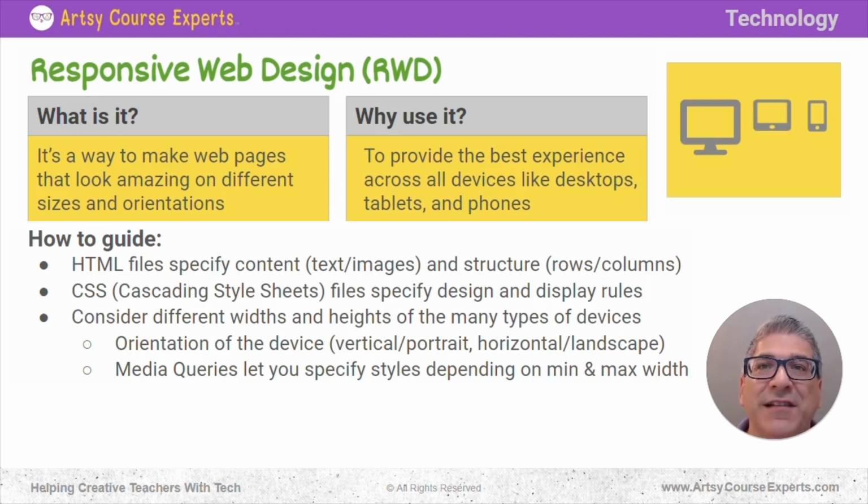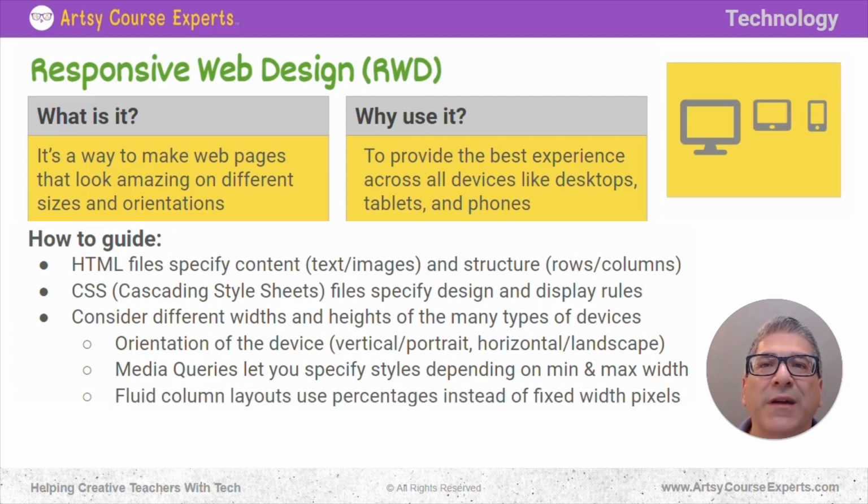The next concept is fluid columns. So you can have a fluid column layout. A fluid column layout uses percentages instead of fixed width pixels. So for years and years, people built websites and screens by saying this column over here, it's going to be 300 pixels, and this other column is going to be 700 pixels. That's how it was historically.